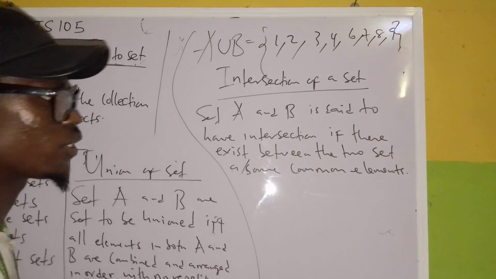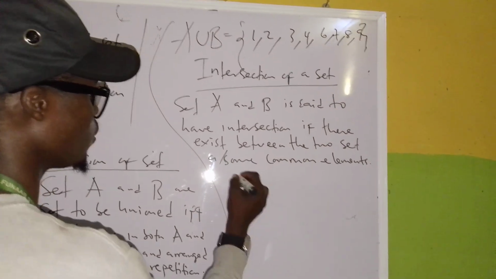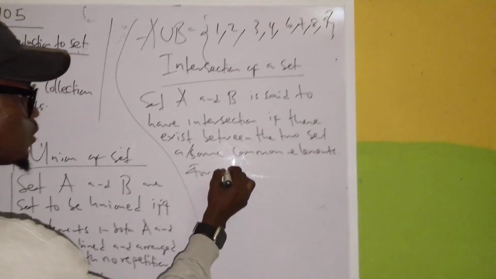When sets A and B have common elements, it is called intersection.